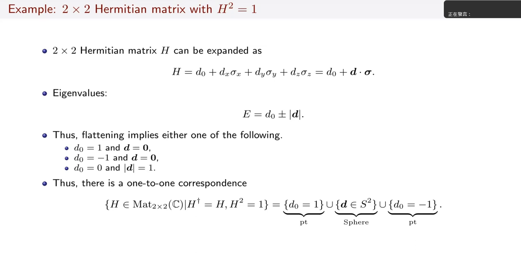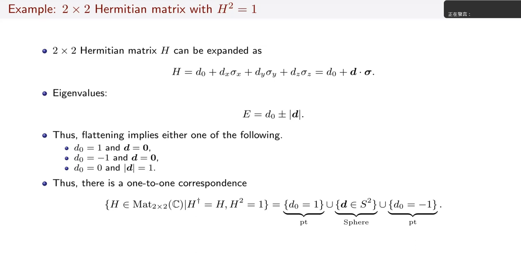Why does d0 have to be an integer? I thought the eigenvalue of H is equal to d0 plus the magnitude of vector d. Yes, but you only require that to be plus or minus 1. Yes, I require the spectrum to be either 1 or minus 1. Why can d0 not be 1/2? 1/2 plus 1/2 is also equal to 1.